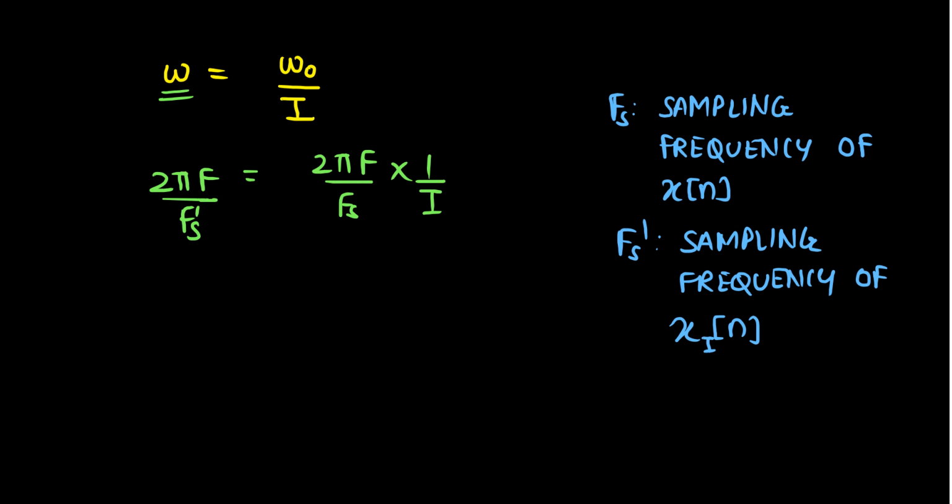So these common factors get cancelled, and if we take the reciprocal, then we have fs dash as fs into I. So we are having scaling of the sampling frequency by a factor of I.